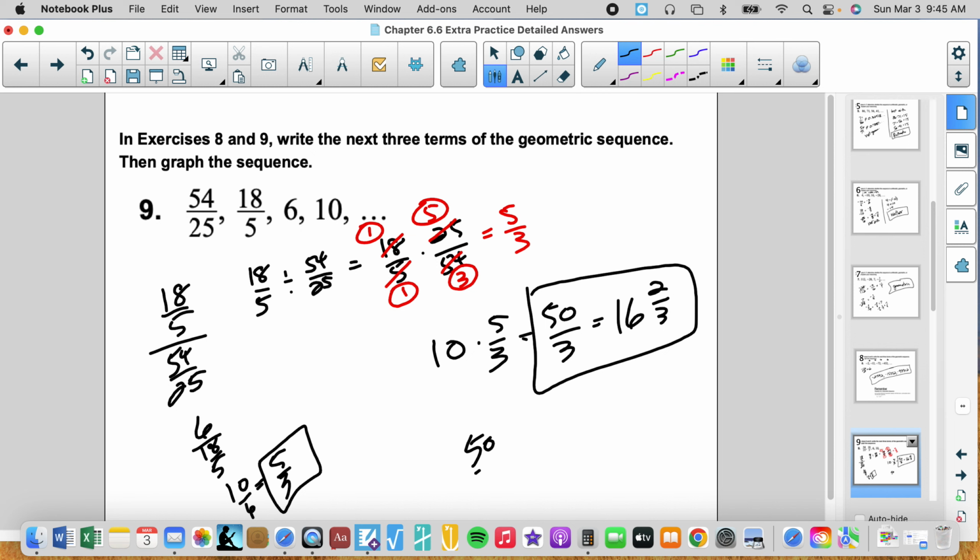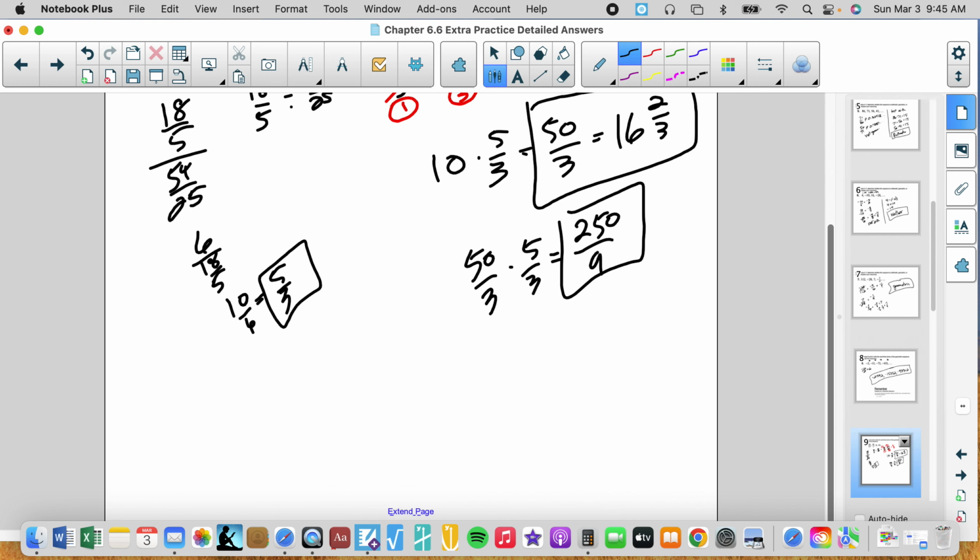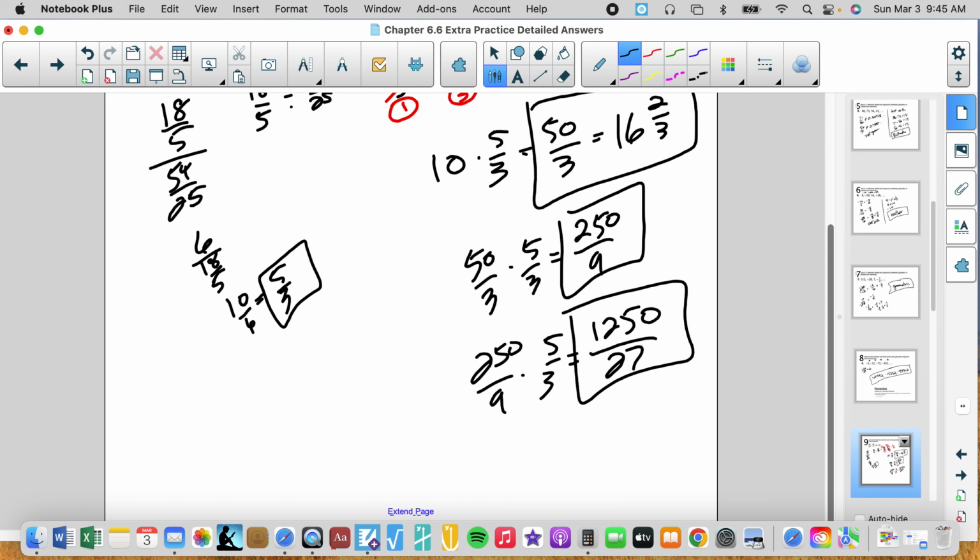It'll be easier if we just do 50/3 times 5/3, which is 250/9, the next one, and multiply that by 5/3, which is 1250/27. So those are the three next terms.